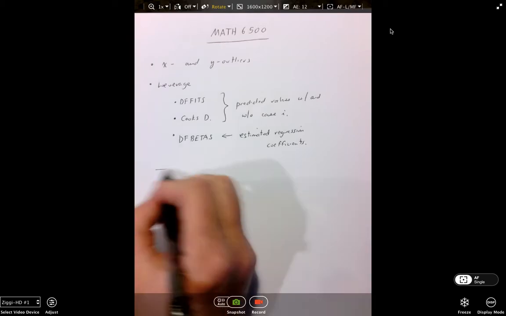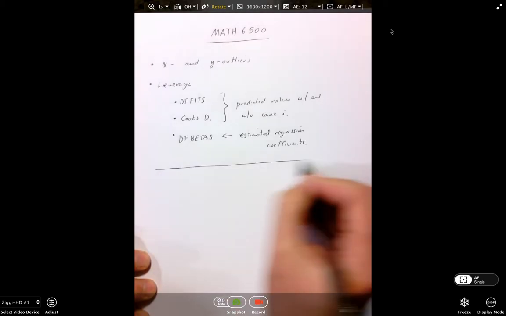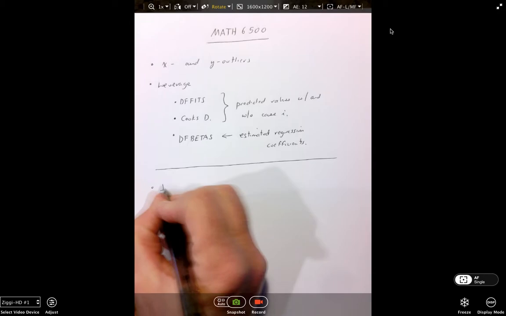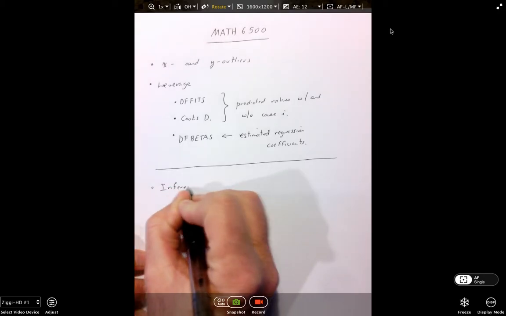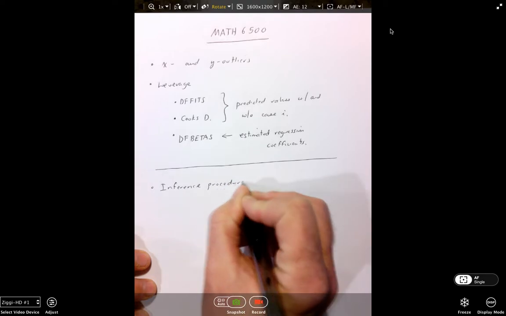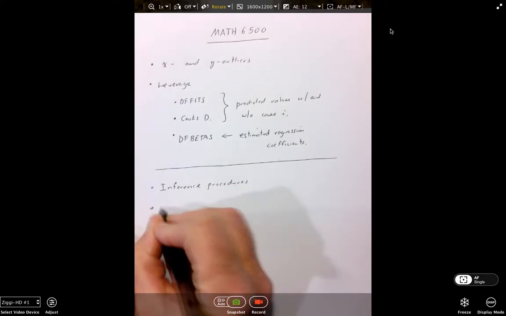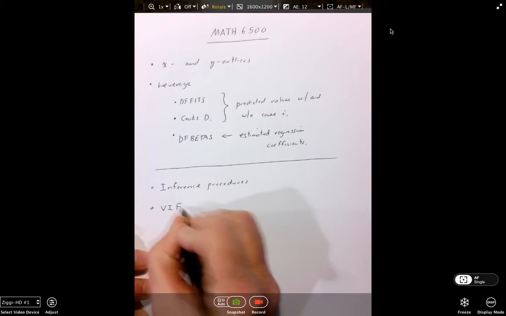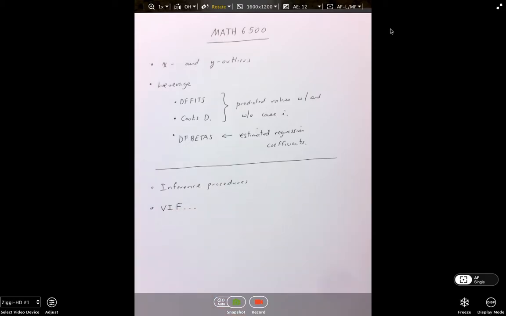Now, guys, the new stuff I want to present here: I want to very briefly get you thinking about inference procedures. And then the main topic here is called VIF, the variance inflation factor, which is extremely helpful in identifying multicollinearity.